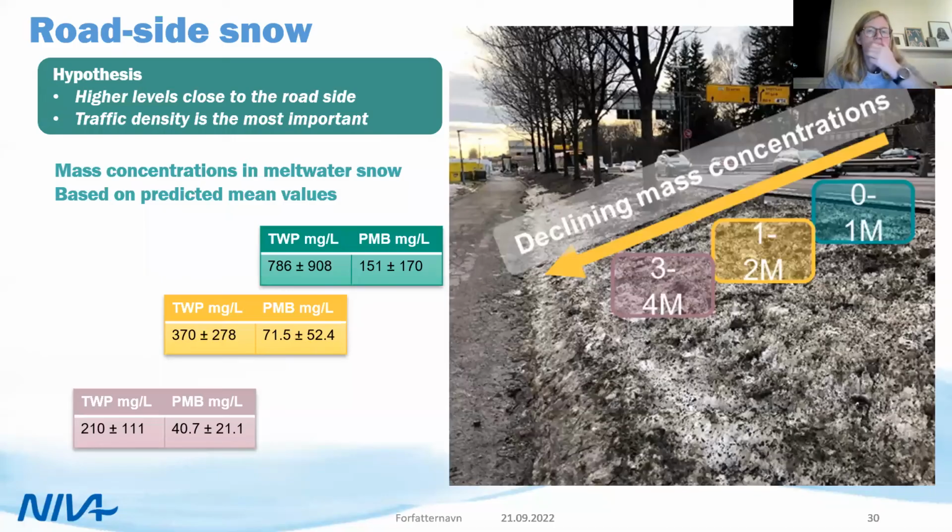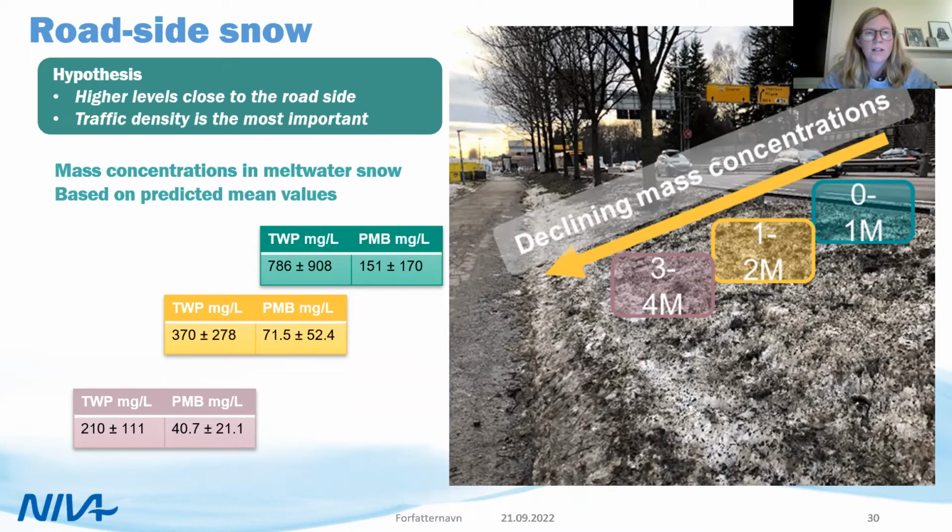So for the roadside snow, we had a hypothesis, which was that higher levels of tire wear and road wear particles were deposited close to the roadsides. This is based on previous studies done both on road pollution in general, but also a few that have been done on tire wear particles already.